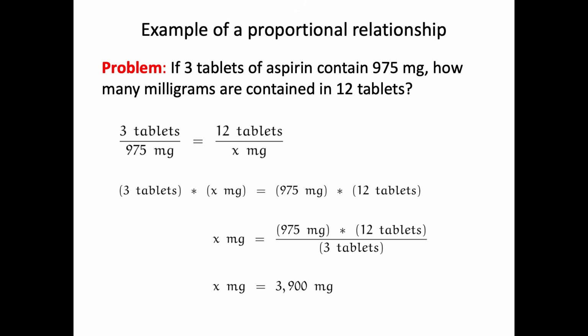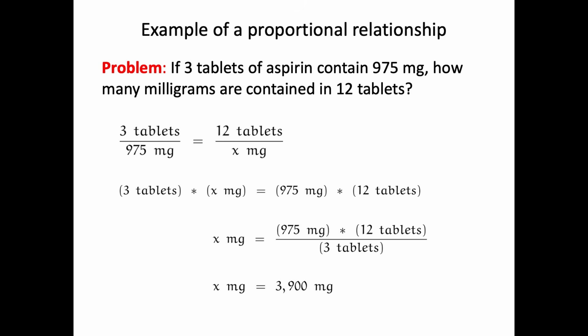Okay, so this is an example of our proportion. We have 2 ratios equal to each other, and by doing that now we can solve for an unknown. Since we only have one unknown, which is the actual amount of aspirin in the 12 tablets, we can solve for that. And you can certainly do that more than one way. I show my work here where I cross-multiplied and got 3 tablets times X milligrams equal to 975 milligrams times 12 tablets.